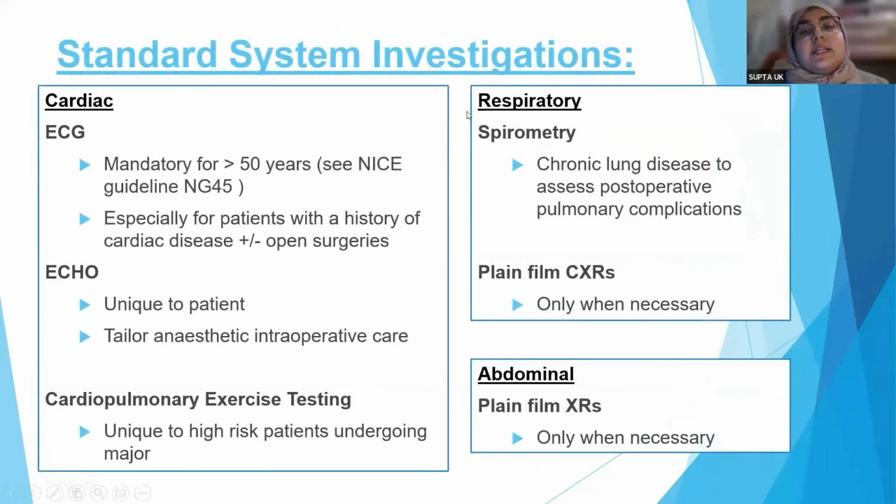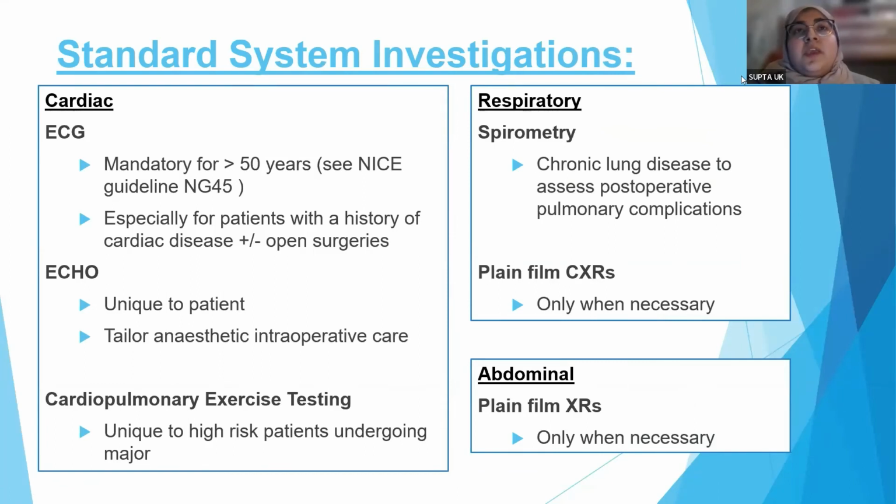And then standard system investigations that are required go through cardiac, respiratory, and abdominal. Obviously, some are more important depending on the surgery that is expected to be performed. Then ECG is a gold standard for the majority of patients. It's mandatory for patients over the age of 50, and there's NICE guidelines on it.